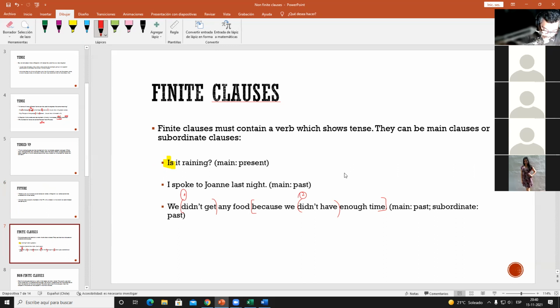If the verb phrase inside of a clause does not represent tense, we're going to say it is a non-finite clause, right? Therefore, as we already stated, those three different examples are finite clauses. Why? Because every single one of those verb phrases has tense, right? They are finite clauses.